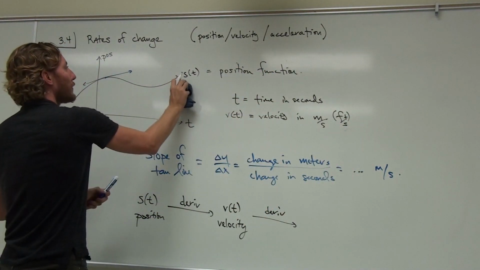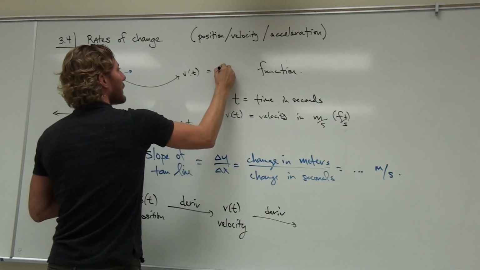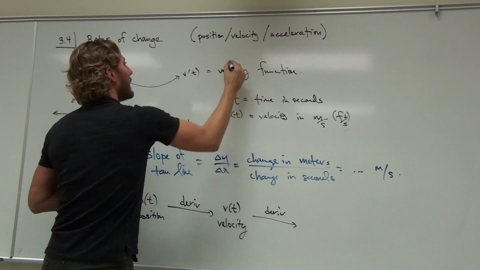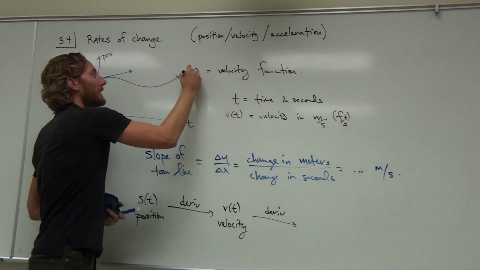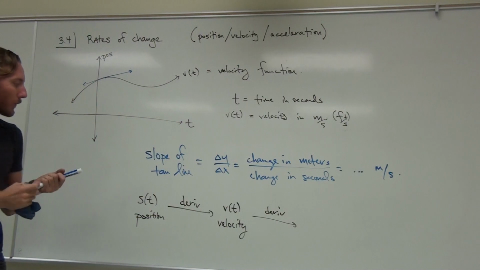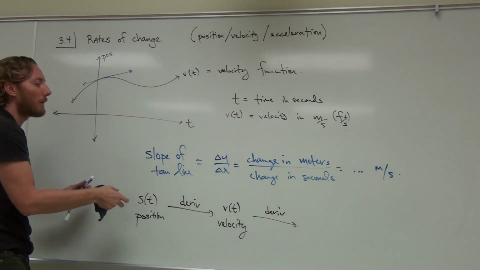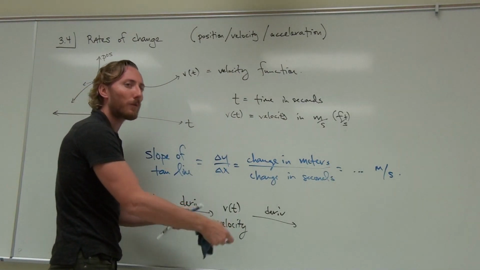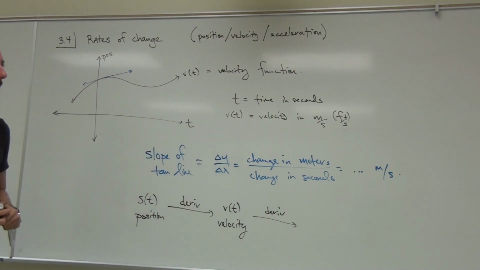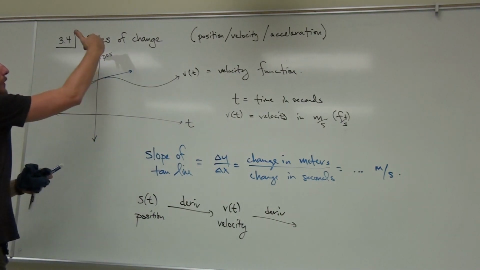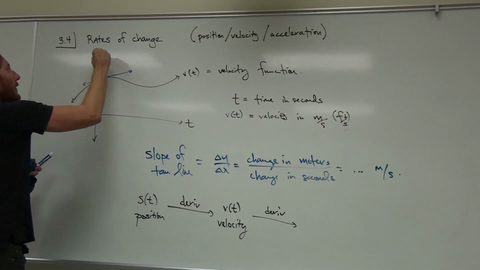Here, rather than dealing with the position function, now we're going to be dealing with our velocity function. So when you look on the axes, the velocity function is still a function of time, because whatever our original function was in terms of the t variable, when we take its derivative, the derivative will still be in terms of the t variable. So velocity is still a function of time, measured in seconds, but now, along the vertical axis, we no longer have a position, we have a velocity.